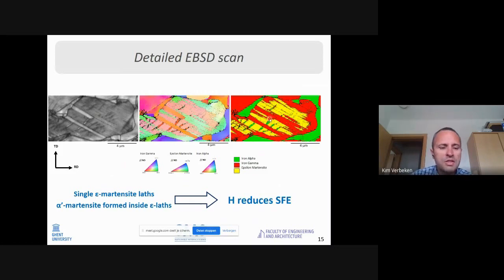So in the single epsilon martensite laths, you have this alpha prime martensite, which is formed inside the epsilon laths. So we think that by doing these interrupted tensile tests, you can clearly see that hydrogen has an effect on the stacking fault energy of your material.